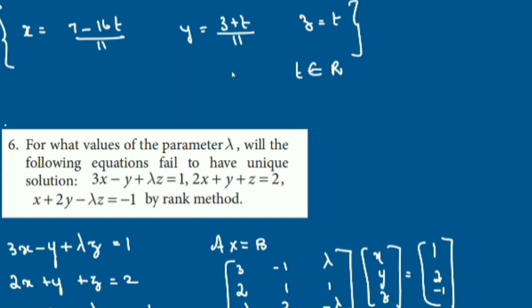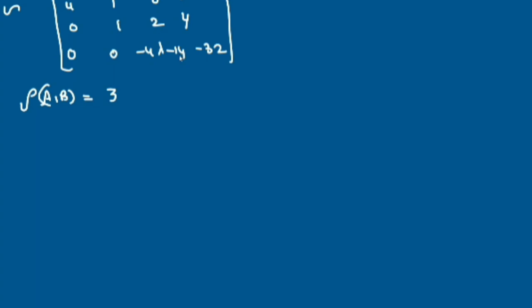That means there should not be a unique solution. If it has to fail that unique solution test, then rank of AB should not be equal to rank of A. So rank of A should not be equal to 3. That means this should be 0. So rank of A has to be either 2 or 1.